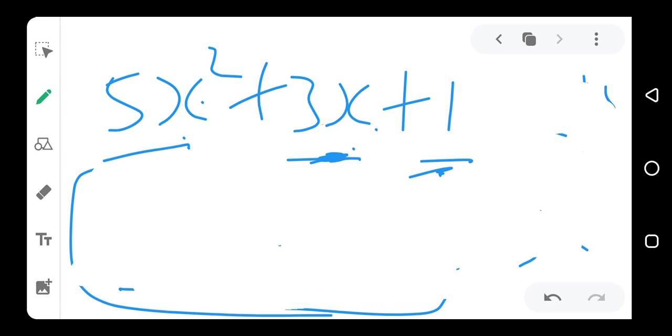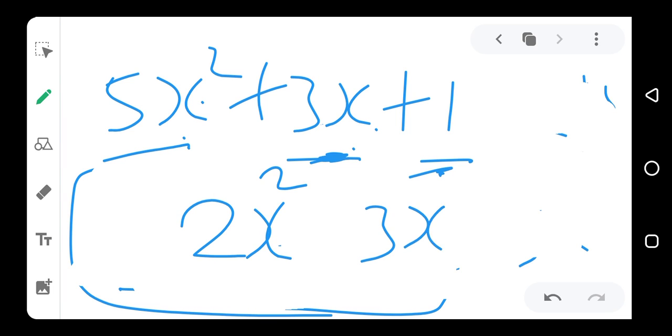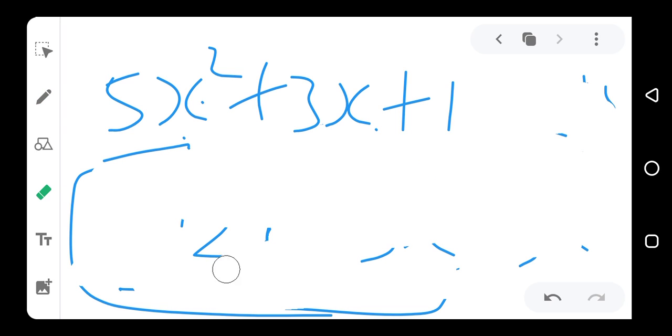So these are the types of polynomial that we have. The monomial, which has one term, like 2x raised to power 2, 3x raised to power 4, just one term in monomial. A binomial has two different terms.